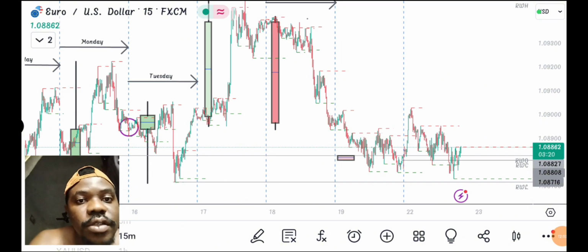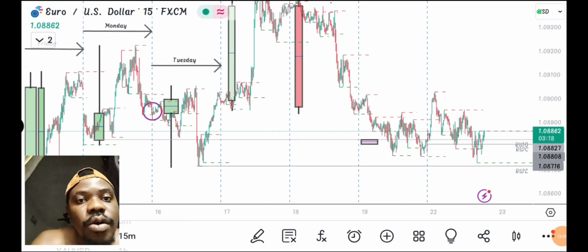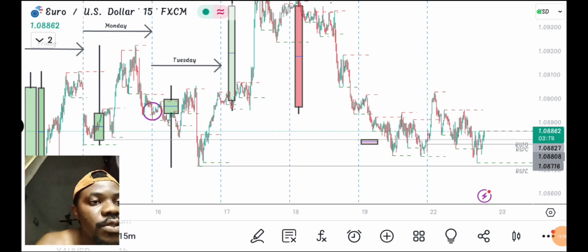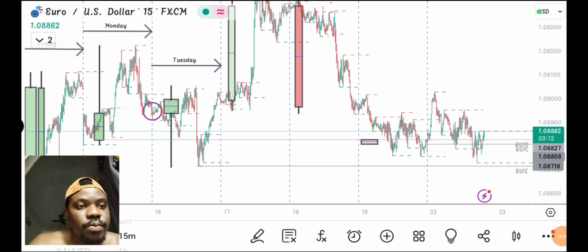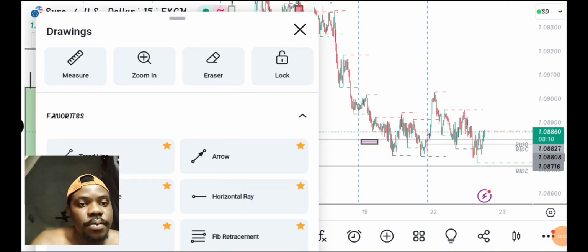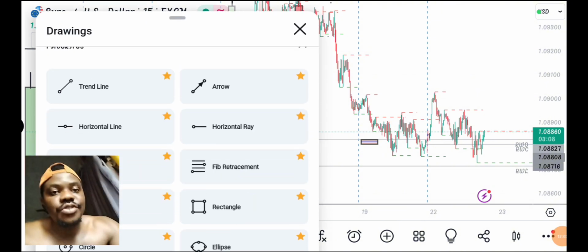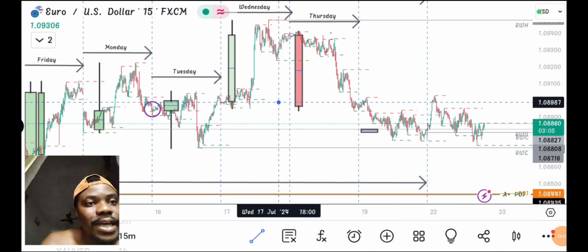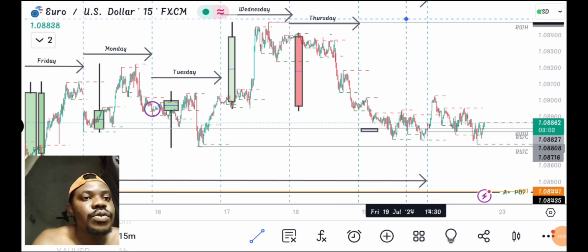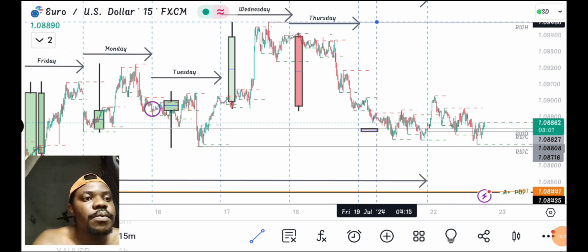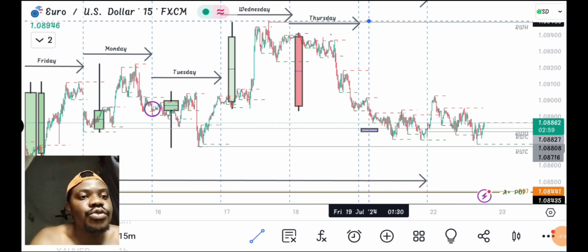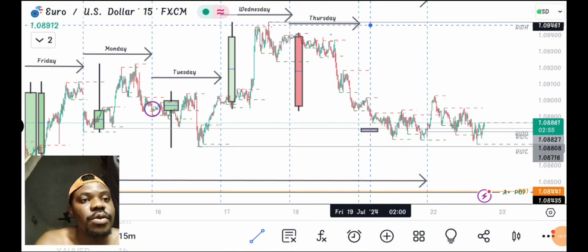As we've gotten that particular open of last week and the close of last week, the next thing we want to bring up on our chart is our trendline tool to mark the highs and the lows. So from the recent weekly high, you just draw a straight line down to the body of the candlestick and make sure it's in the middle of the candlestick. So this is it, guys.